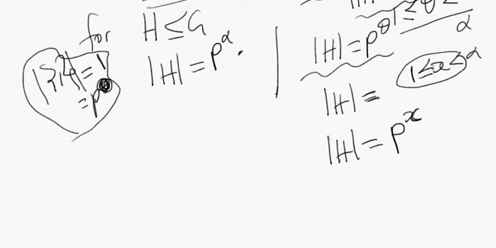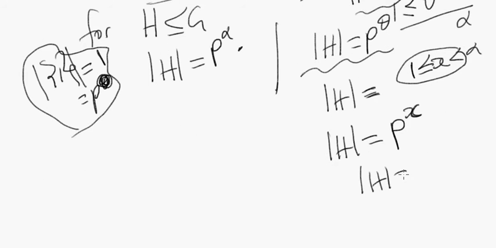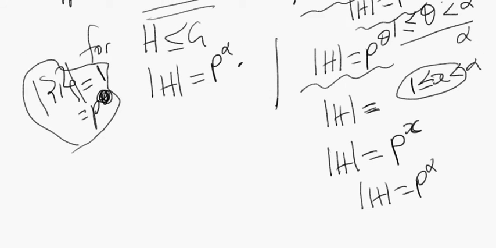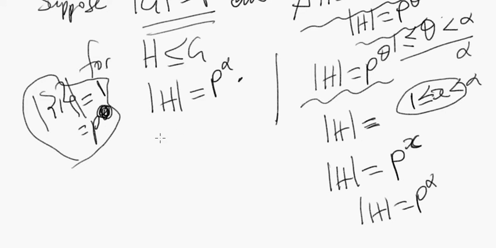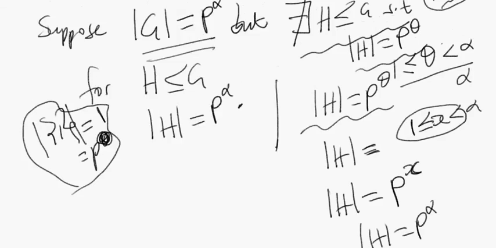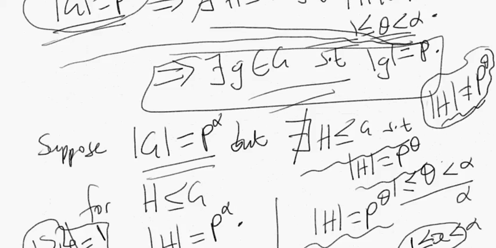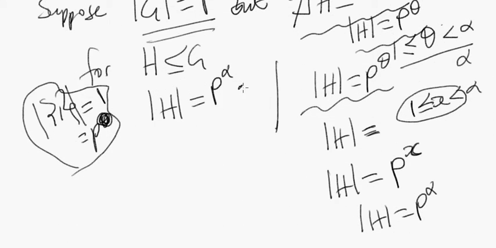Does that mean that the order of H has to be p to the alpha? Okay, if the order of H equals p to the alpha, can we obtain some sort of contradiction? Let's see. Suppose that order of H equals p to the alpha. What does that mean?